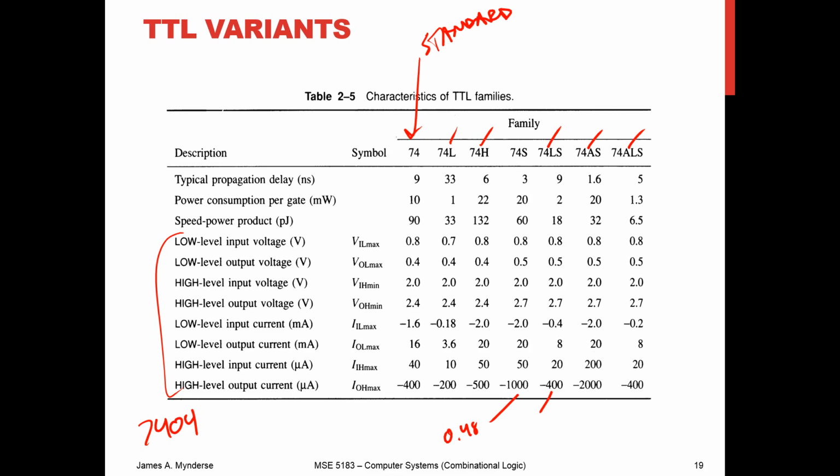For an LS, it was 22 cents a piece. For an AS, it was 41 cents a piece. And for an ALS, it was 26 cents a piece. So we're not talking particularly expensive per component. But again, these are about double from the cheapest to the most expensive. You need to choose the one that's appropriate for your particular application.